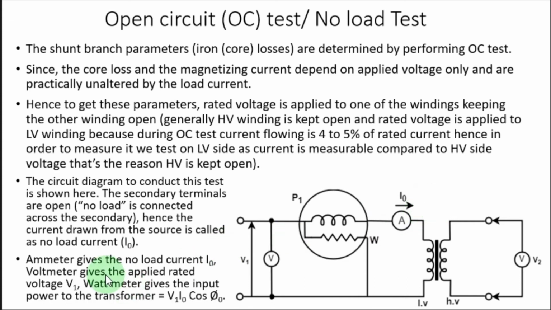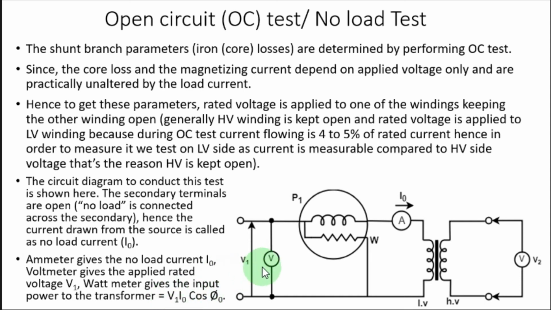This ammeter gives the no load current I naught, and the voltmeter gives the applied rated voltage to the primary side, and the wattmeter gives the input power to the transformer, which is actually V1 times I naught times cos phi naught. This is the normal power equation, V I cos phi.